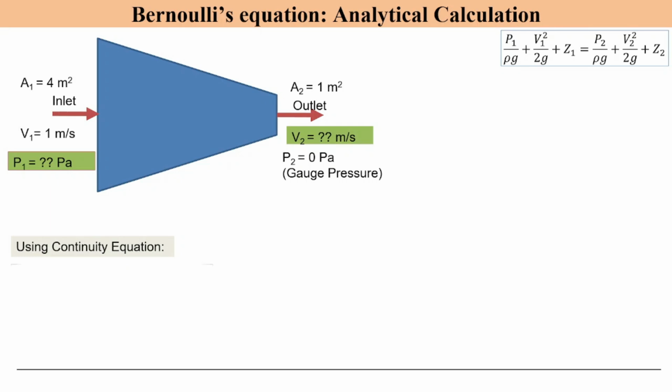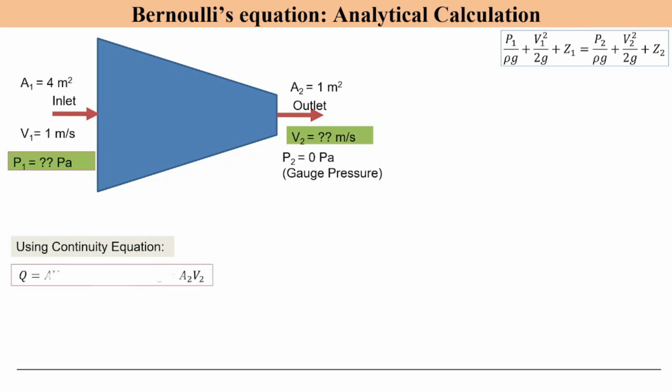We have the continuity equation Q equals AV, area into velocity. So Q1 equals A1 V1 equals Q2 equals A2 V2. If I put the value for Q1, the flow rate in meter cube per second, it is 4 into 1: cross section area A is 4, and 1 is the velocity at the inlet. I get the value of 4 meter cube per second for the discharge from the inlet.